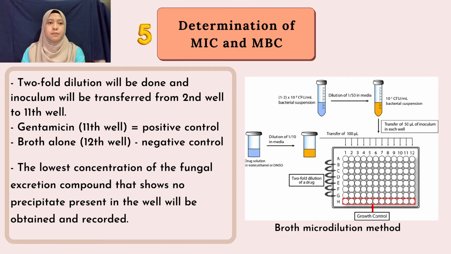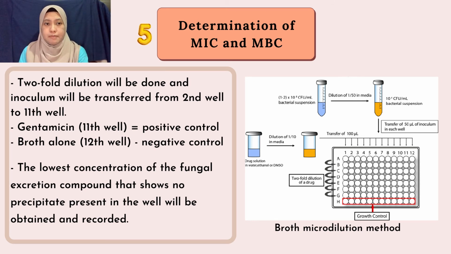Two-fold dilution will be done by transferring half of the compound concentration, which is 50 microliters, from the first well until the 11th well. Gentamicin will be placed in the 11th well and utilized as a positive control. Broth alone will be placed in the 12th well and utilized as a negative control.